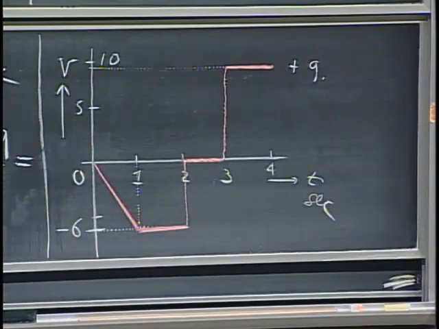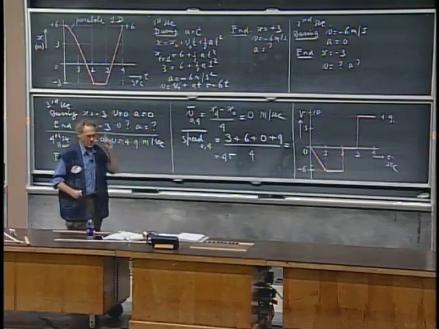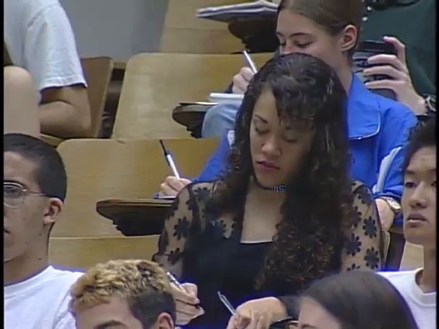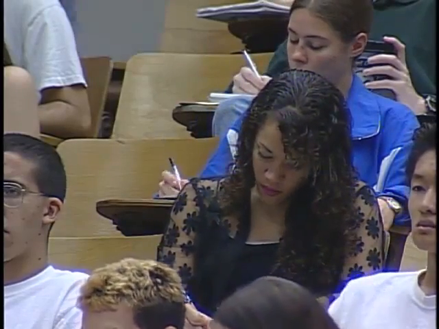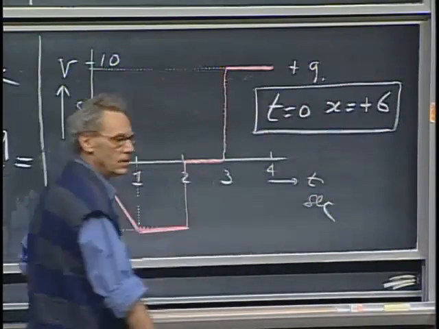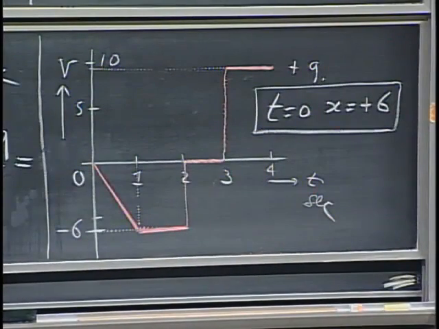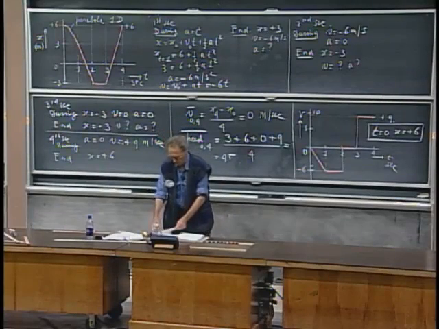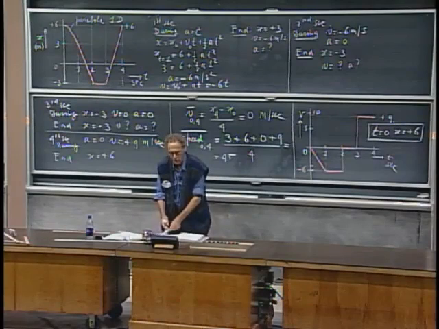And the answer is yes, provided that I tell you what the position is at t equals 0, x equals plus 6, and that is sufficient for you to use this information and to reconstruct that. It's an interesting thing to do, and if you feel like it, I would say give it a shot.